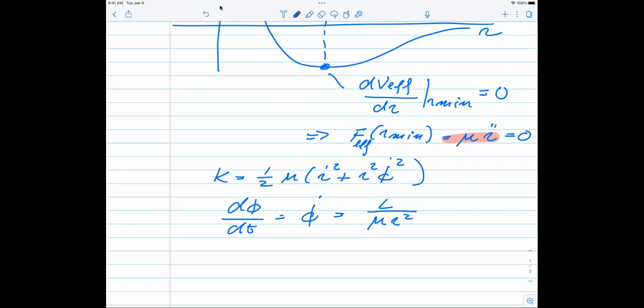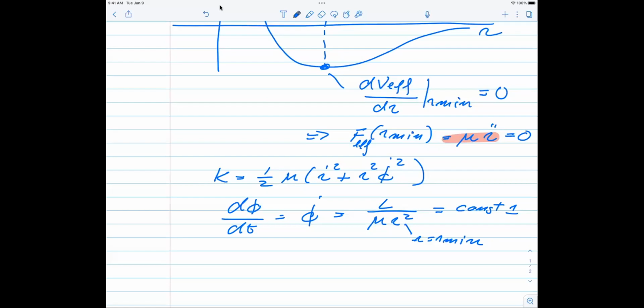So if you now look at these quantities which you have here. So phi dot, the angular velocity, which you see here, that's also constant, right? Because if we put in R equal to R min, which is just a constant, we can rewrite this as, let's call this a constant 1.